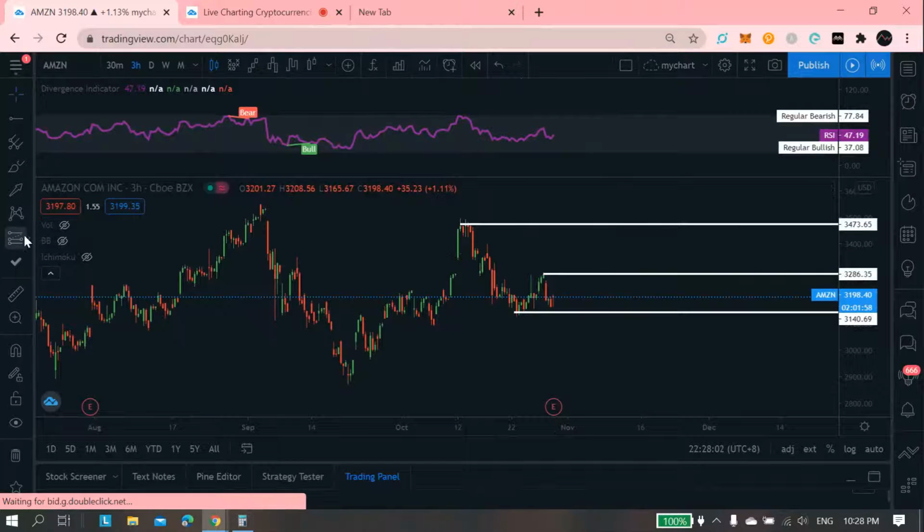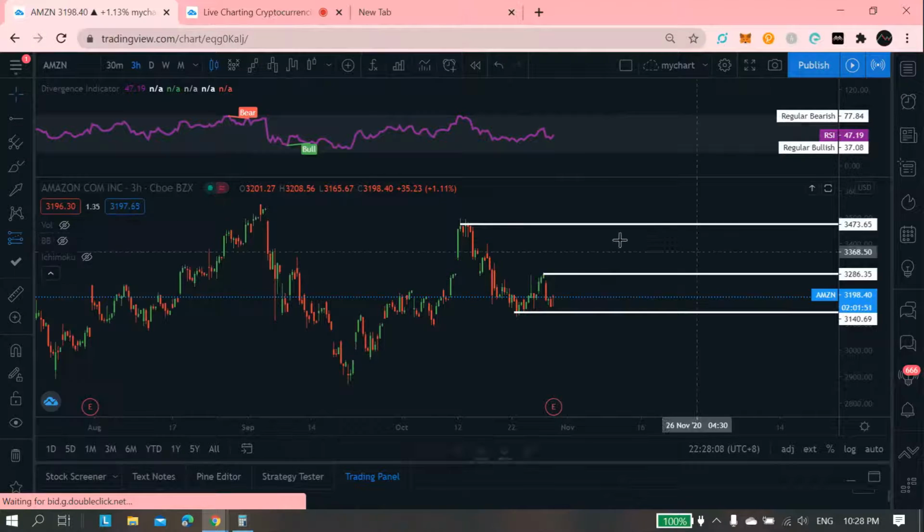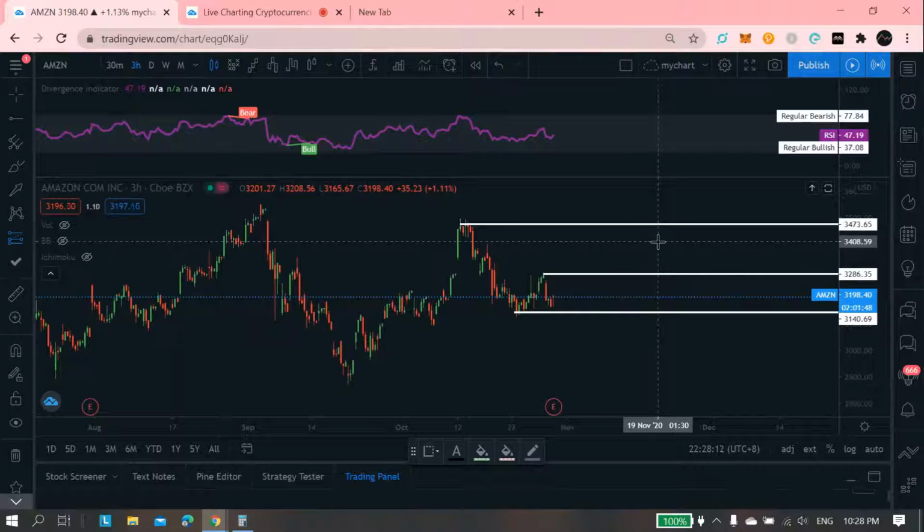But if ever I trade this using this 3 hours time frame, I'll just wait for the breakout at 3,286 before I go long.